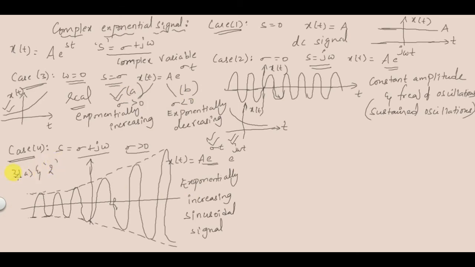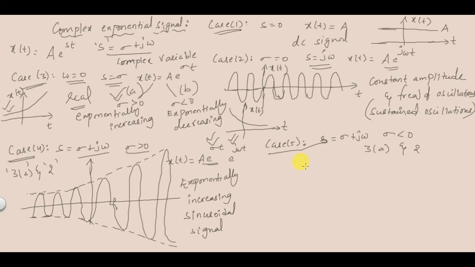Okay, in case 5, we'll consider s is equal to sigma plus j omega and sigma is less than 0. So this is the combination of the cases 3B and 2.